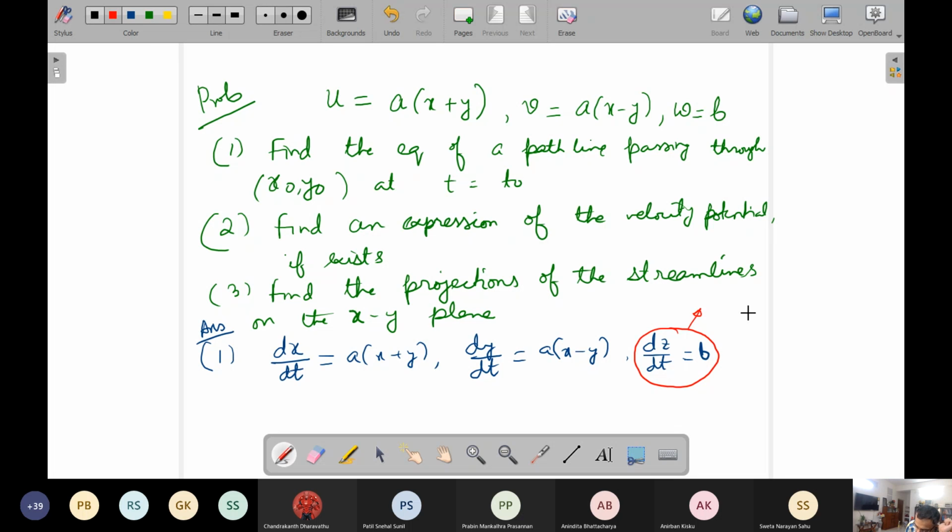So to do that, what we will do is first we will differentiate it once more with respect to time.